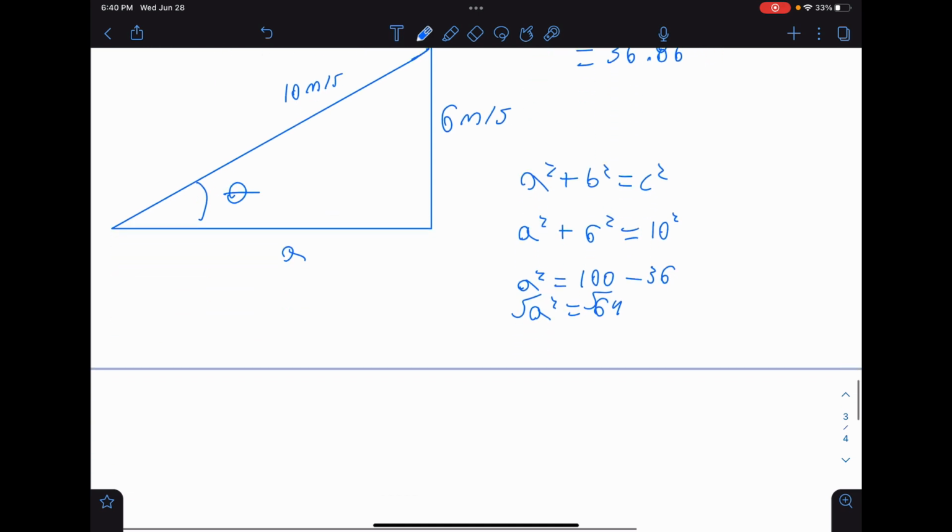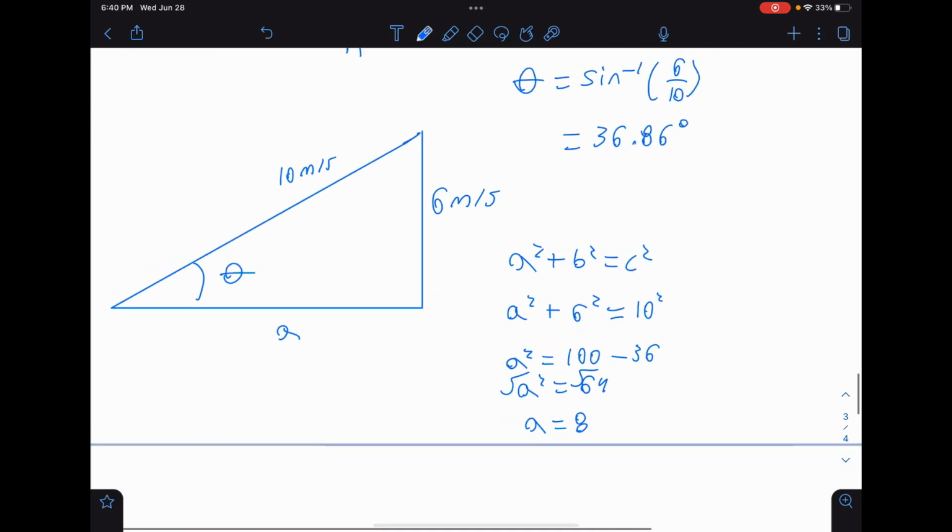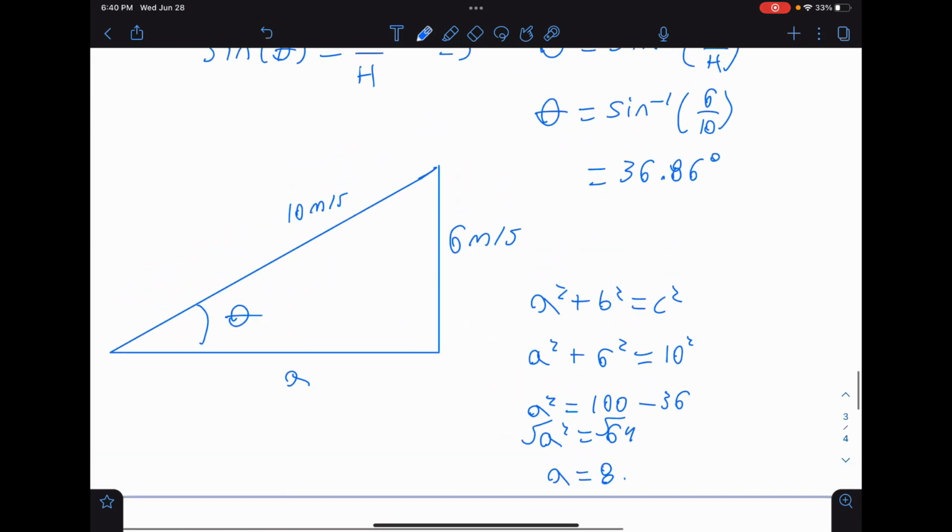And then a is going to equal the square root of 64, which is 8. So we got that a is equal to 8 meters per second using Pythagorean theorem. So now the adjacent side length for theta is equal to 8 meters per second.